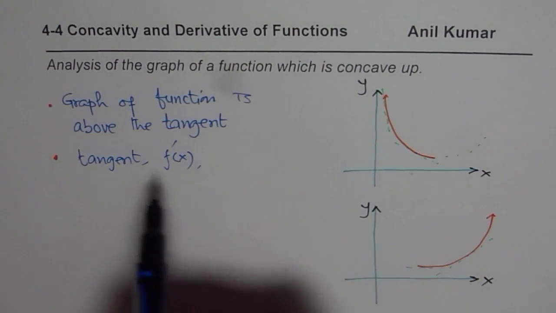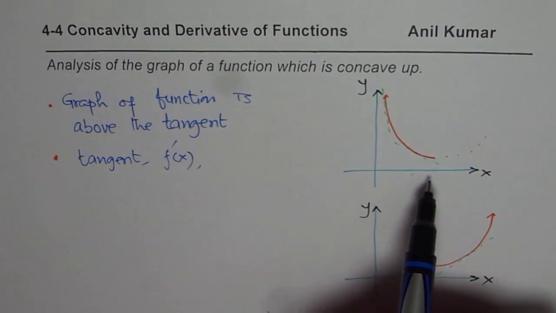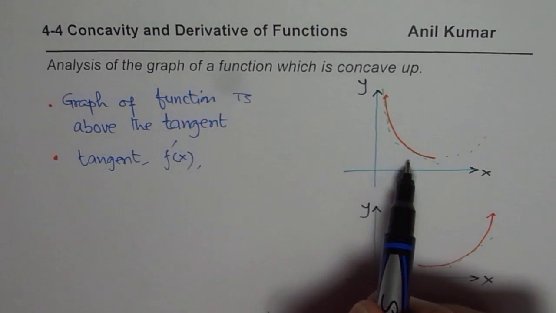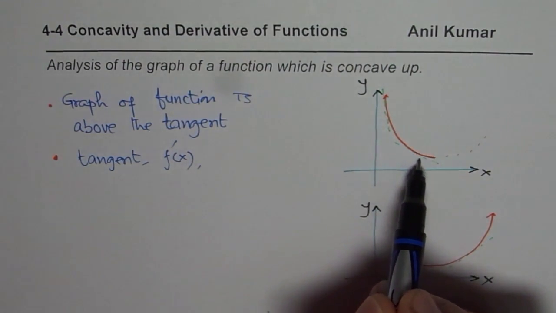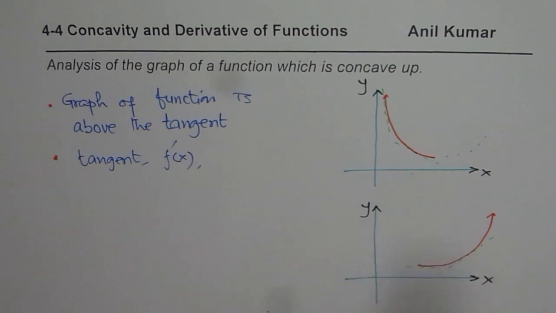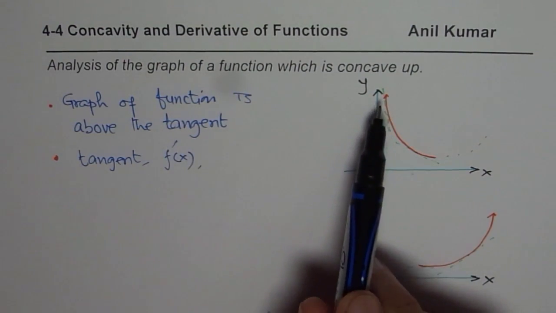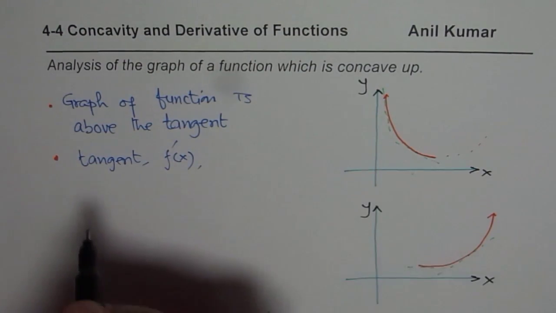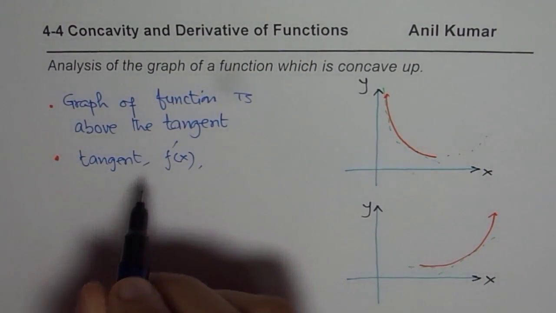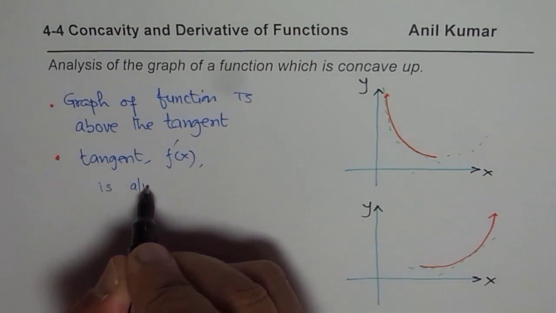Now, as far as the tangent is concerned, if you see from left to right, what do you notice? It is always increasing. It is highly negative here, less negative, kind of zero, right? Here it starts from zero, becomes positive and more positive. So if the graph is concave up, as shown here, what you find is that the tangent or the derivative of the function is always increasing.